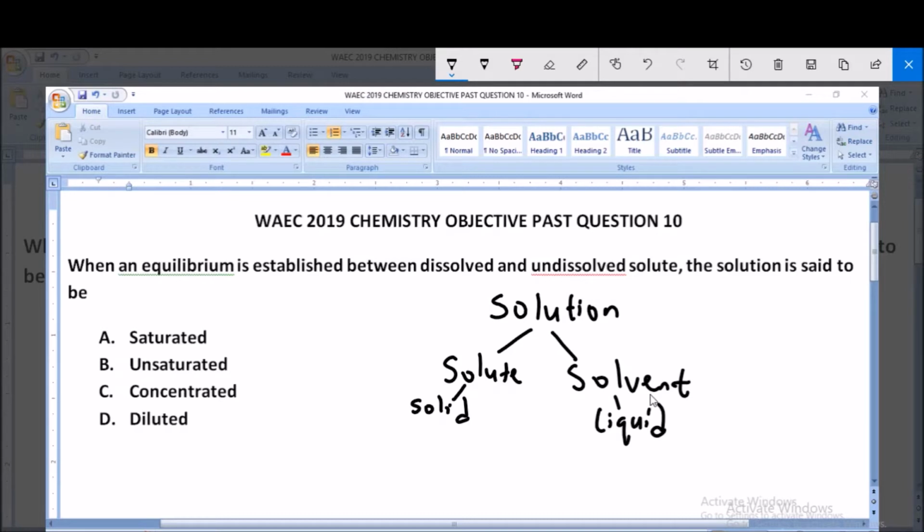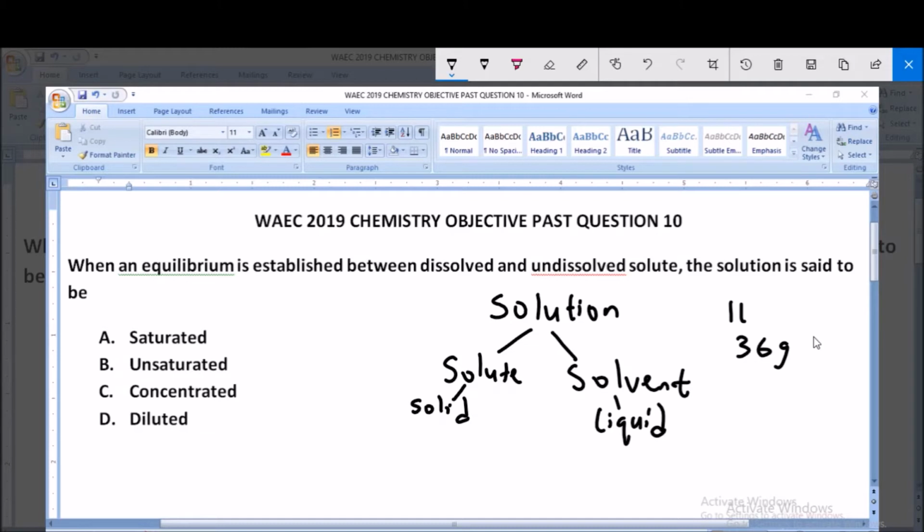For example, at a particular temperature you have, let's say, a liter of water and you dissolve 36 grams of sodium chloride in it. If you can no longer dissolve more sodium chloride in that 1 liter of water after putting 36 grams of sodium chloride, the solution is said to be saturated at that particular point.